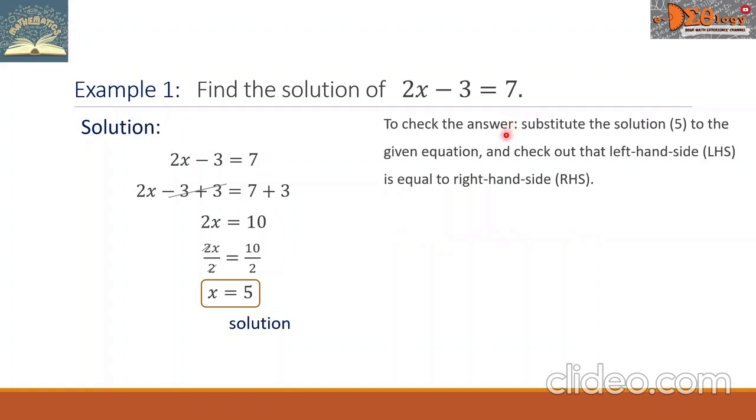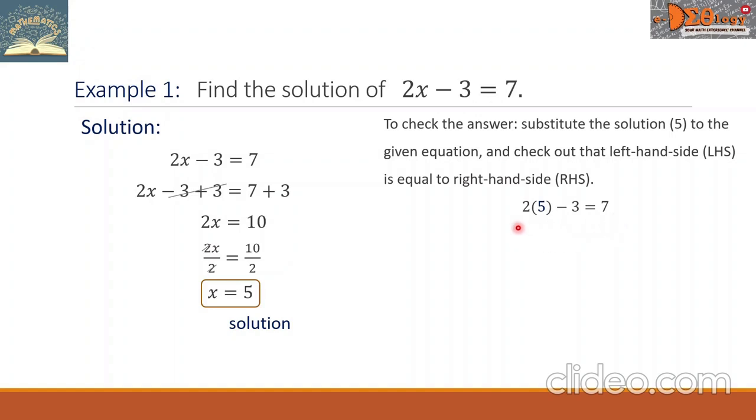To check the answer, we substitute the solution, which is 5, to the given equation and check that the left-hand side, or simply LHS, is equal to the right-hand side, that is RHS. So the 2x minus 3 equals 7 becomes 2 times 5 minus 3 equals 7.